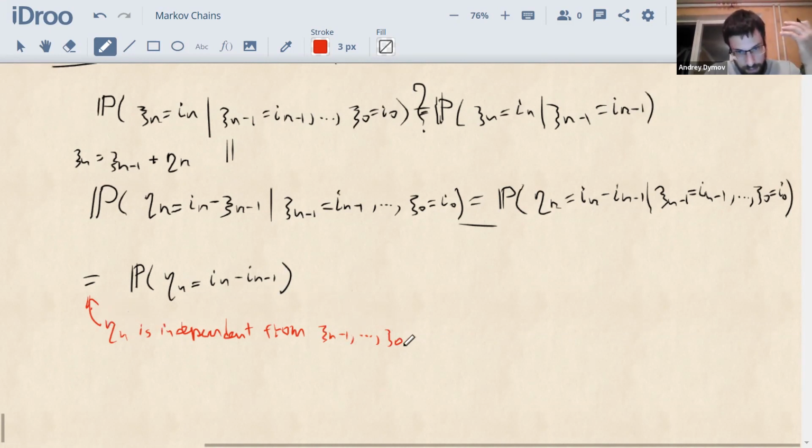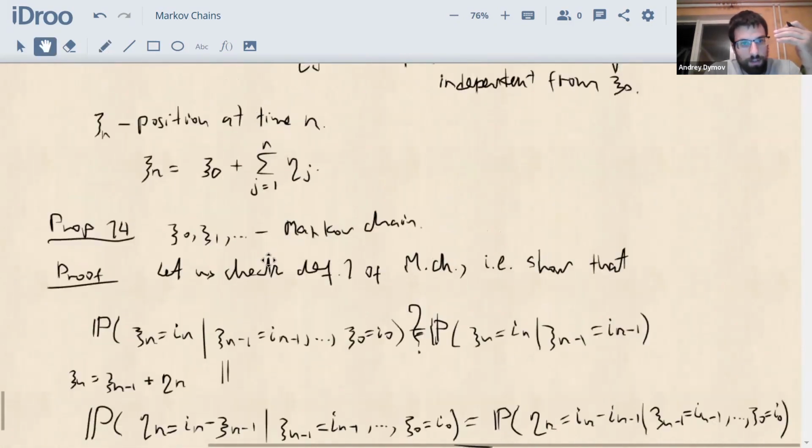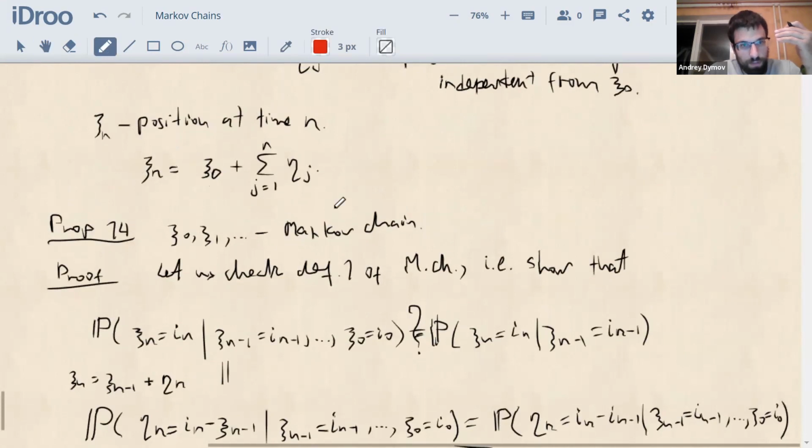And these random variables are formed using xi_0 and eta_1, eta_2, eta_3, etc., till eta_{n-1}. And eta_n isn't used to construct xi_0, ..., xi_{n-1}, because of this formula.